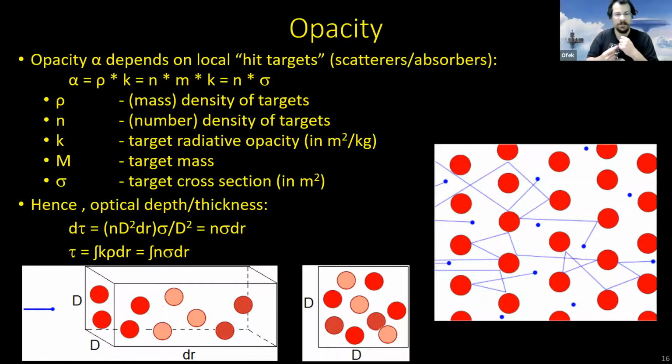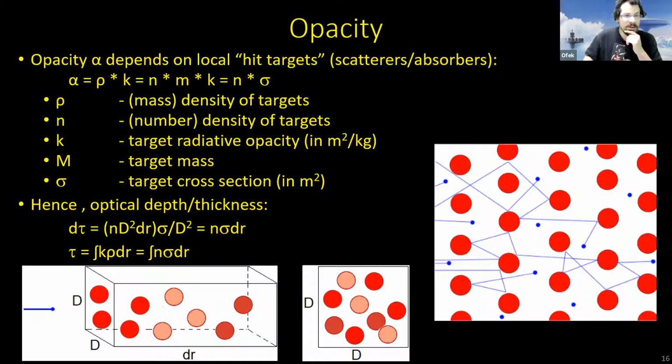Another way of thinking about it is that you can split this rho, mass density, into a product n, which is number density, times mass per target, the mass of the atom that absorbs the photon, for example.